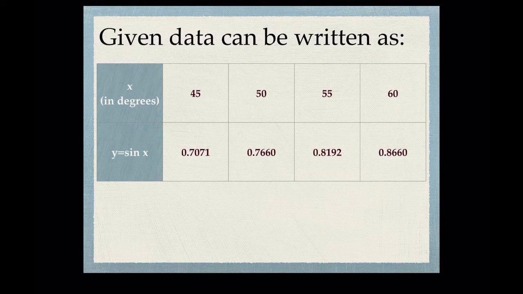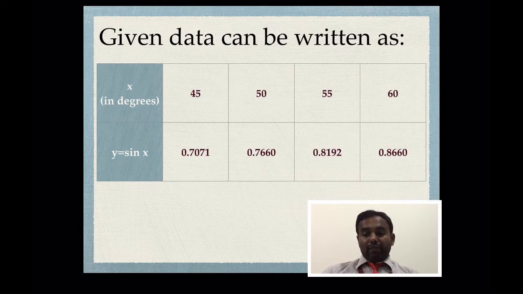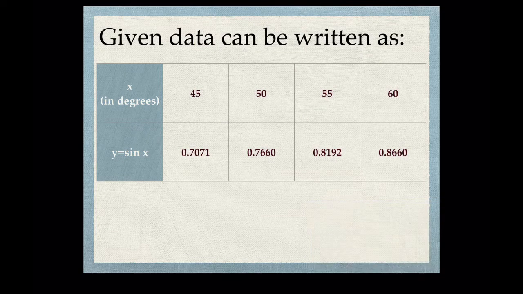So we will take x in degrees, which is 45, 50, 55, 60, and y is equal to sine x, being the results of sine of x, which is 0.7071, 0.7660, 0.8192, and 0.8660. Right?